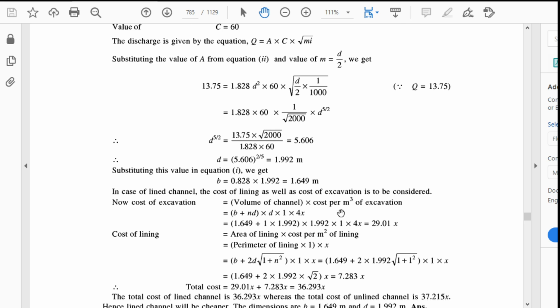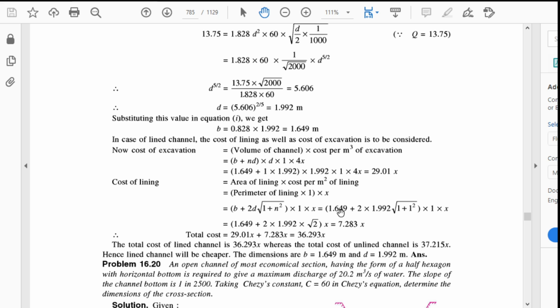Now for the calculation of cost, as this is the lined canal, we have to consider the cost of excavation and the cost of lining also. Cost of excavation is also considered and the cost of lining should also be considered.